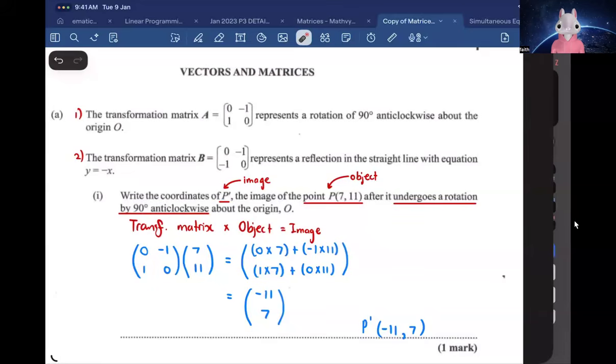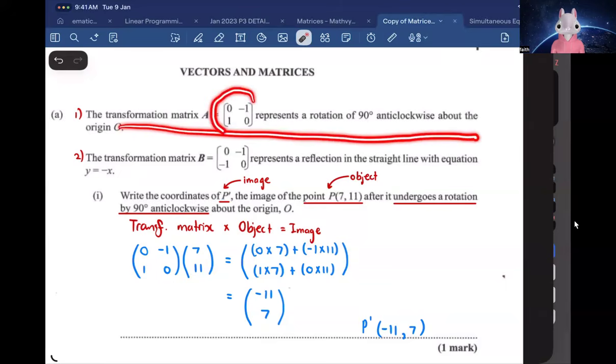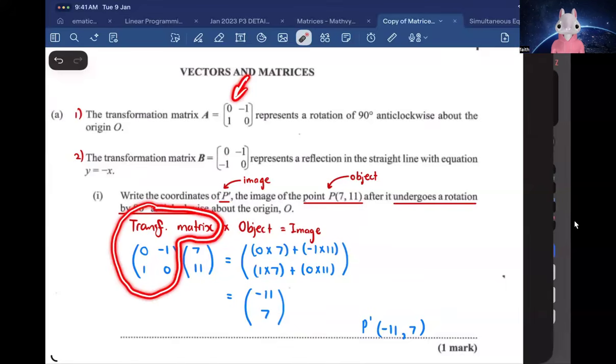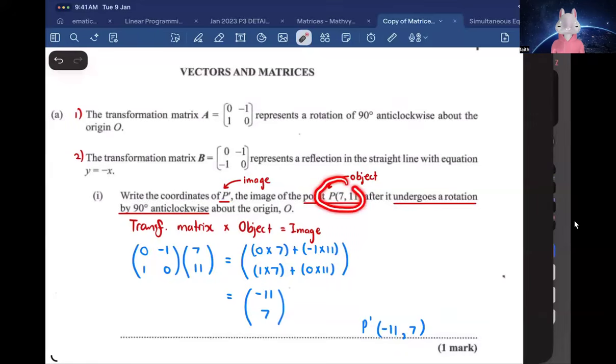The point is the object, after it undergoes a rotation of 90 degrees anti-clockwise. So I use the matrix 0, -1, 1, 0, and multiply it by the object, the point 7, 11. I got my image -11, 7. That's it.